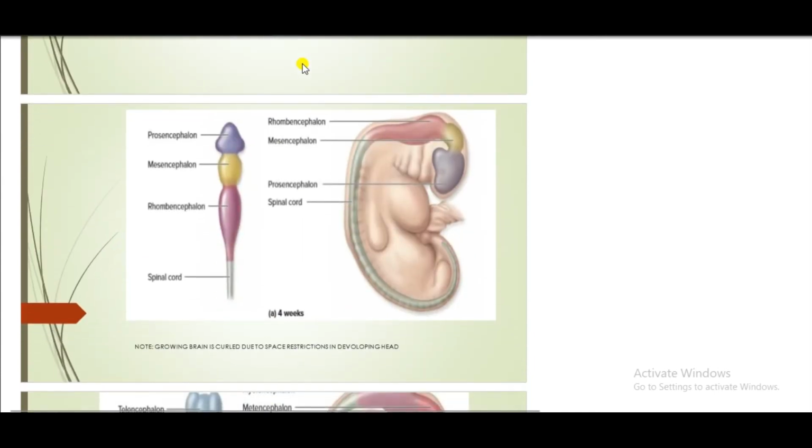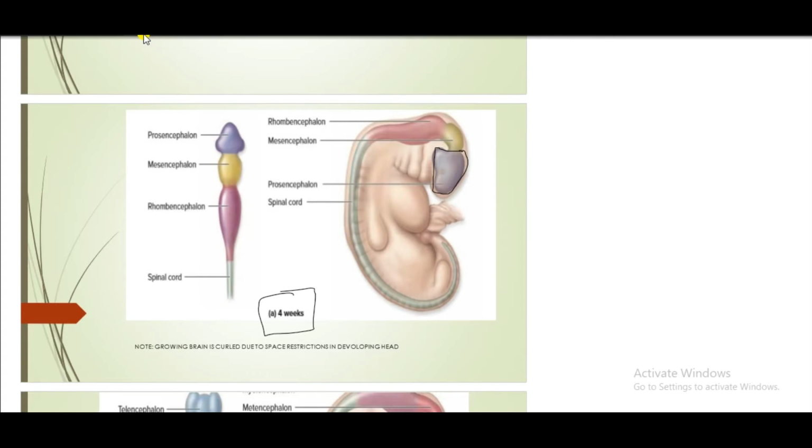Okay, you can see in the fourth week, here is our baby's central nervous system. You can see this portion, the prosencephalon.